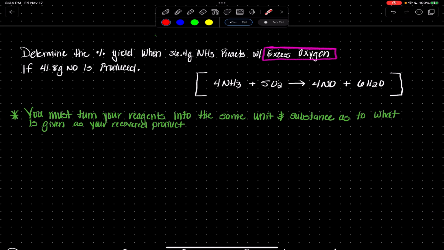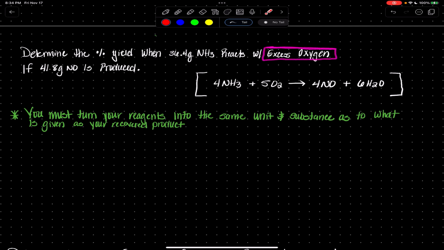So let's dive into this example here. Determine the percent yield when 36.4 grams of ammonia reacts with excess oxygen if 41.8 grams of nitrous oxide is produced. And I've given you that balanced chemical equation here. But I want you to take a special note of my pink box over here. This excess oxygen is important to us.